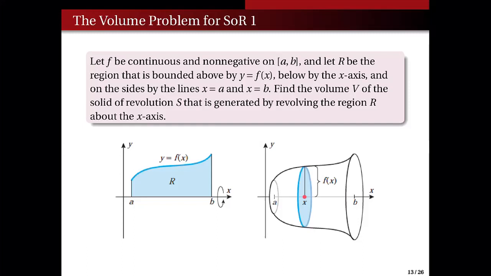So those rings actually create a solid. So you have here a solid of revolution. One thing to keep in mind, the cross sections will always be circular cylinders. In fact, a thin circular cylinder. We call it a disc. So this guy here, it's a disc.